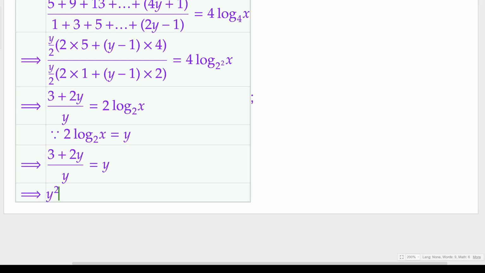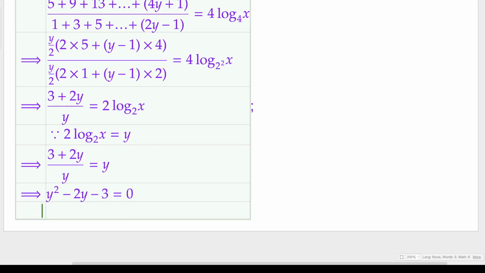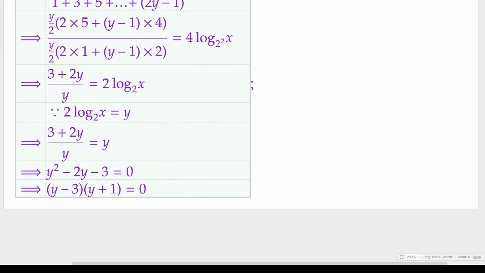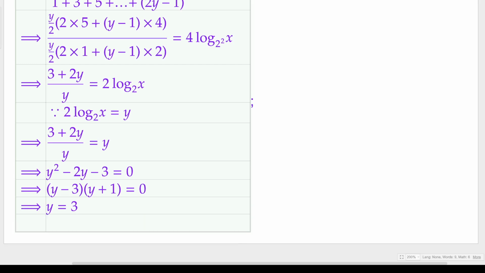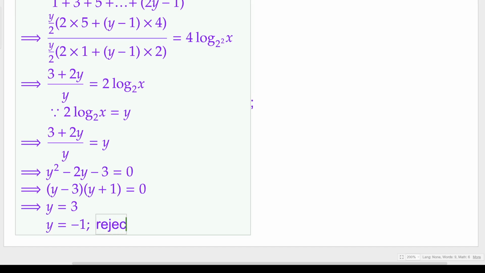y squared minus 2y minus 3 is equal to 0, and from this we can write (y minus 3) times (y plus 1) equal to 0. So for y, you can observe clearly that y will be equal to 3, and y equal to minus 1 is rejected.